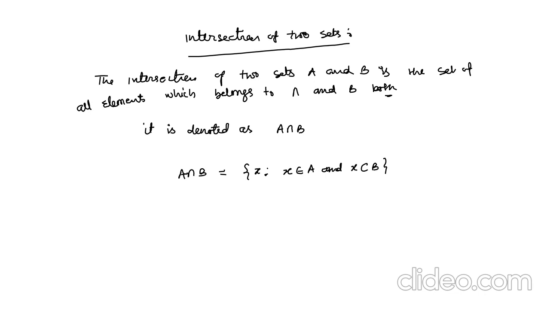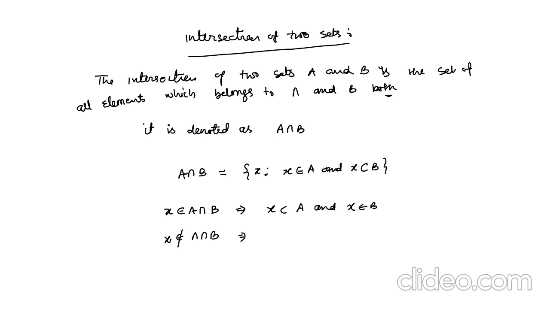If theoretically we solve problems using this notation, if x belongs to A intersection B, it implies that x belongs to A and x belongs to B. Sometimes, if x does not belong to A intersection B, what does it mean?